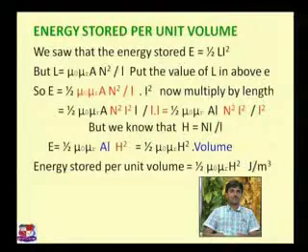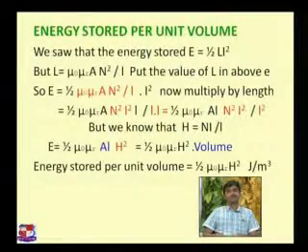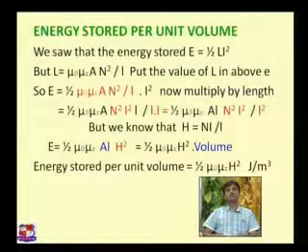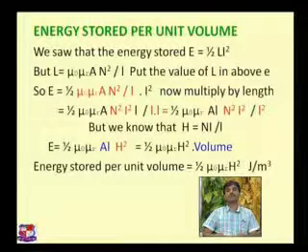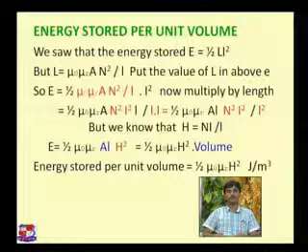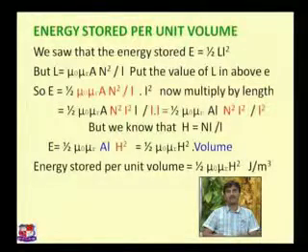Now H, magnetic field intensity H is equal to NI upon l. So put the value of NI upon l is equal to H in above equation. So we get E is equal to 1/2 mu 0 mu r A l H square is equal to 1/2 mu 0 mu r H square into volume.